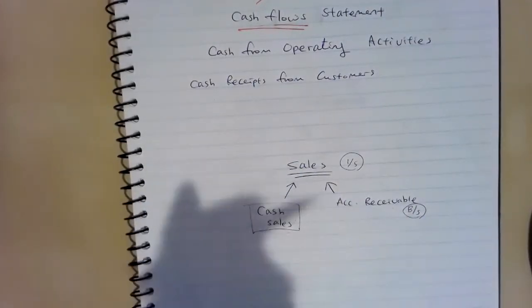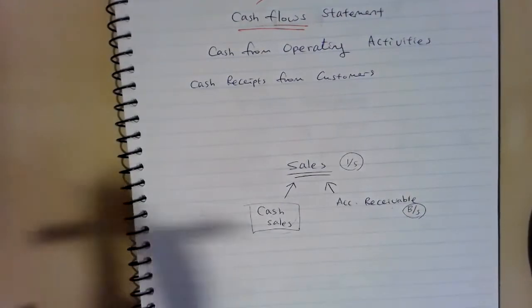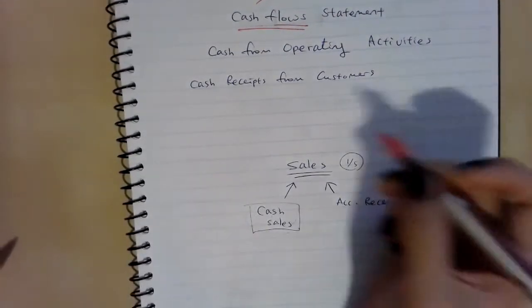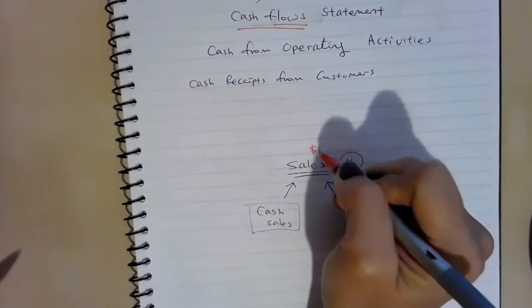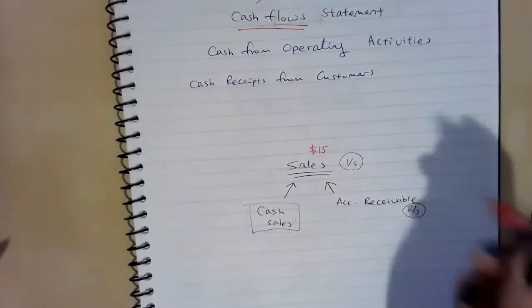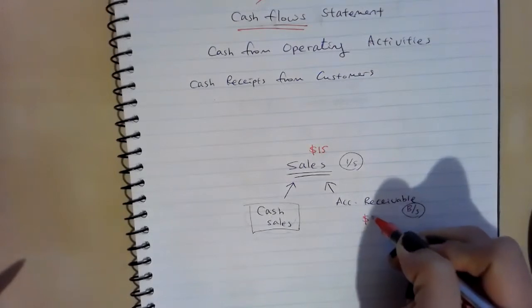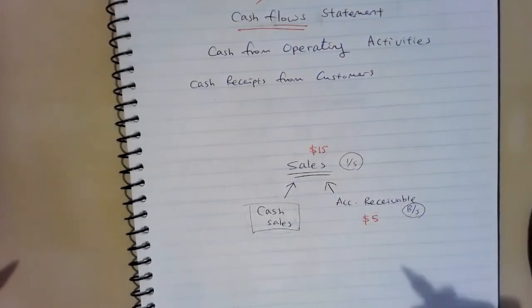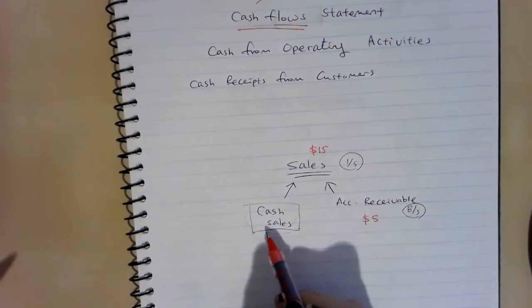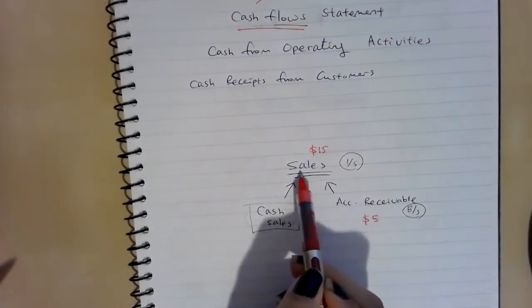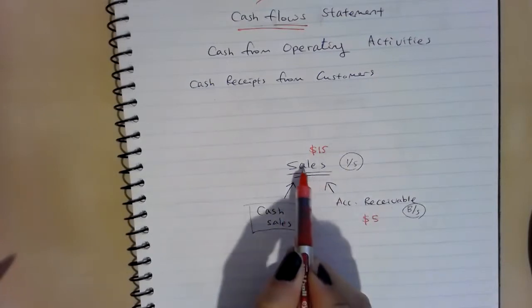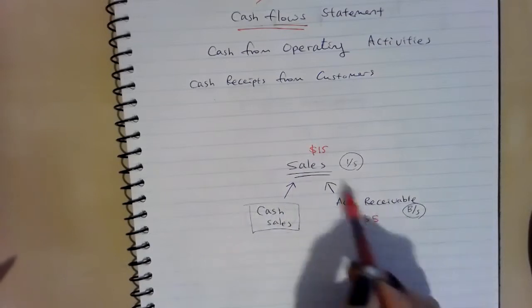Now, what I was trying to do in the previous recording is that if sales were, say, $15, and we know the accounts receivable has gone up by $5, for example, then can we work out cash sales? Yes, we can, because sales could come from cash sales or credit sales.